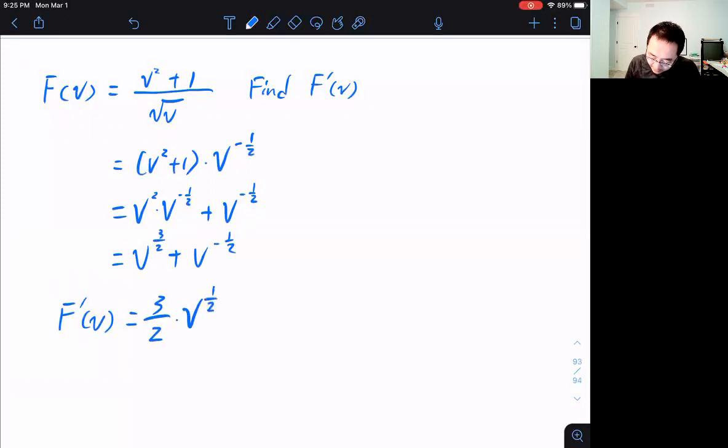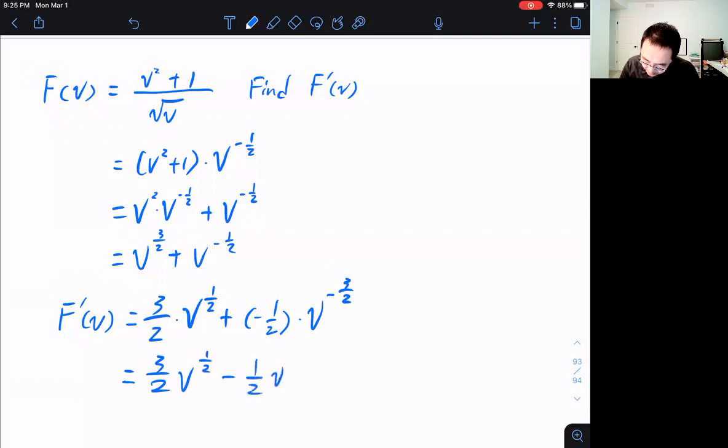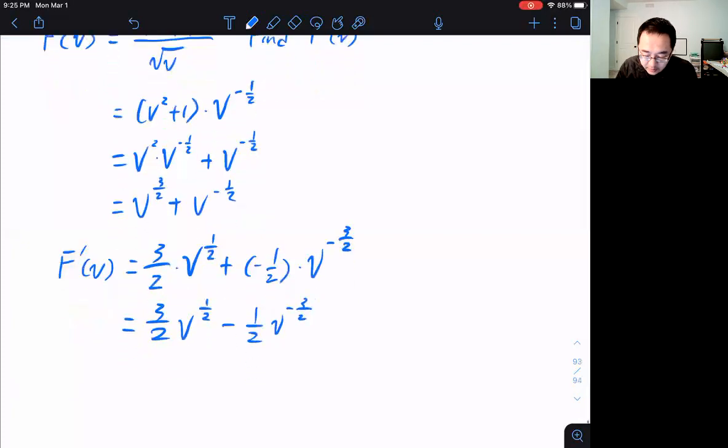So that's 3/2 v to the 1/2, plus negative 1/2 times v to the negative 3/2. So this gives you 3/2 v to the 1/2 minus 1/2 times v to the negative 3/2. Okay, I hope that makes sense.